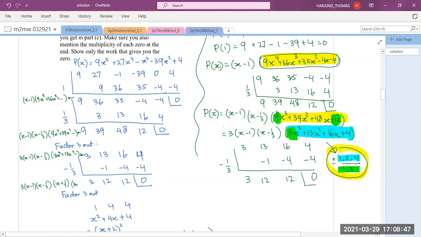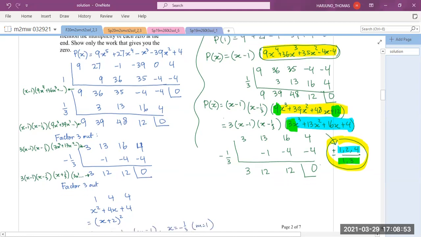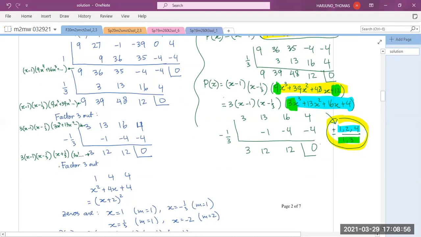Times 3x squared, and so on, from here. When we factor this 3 out, I get 3 times 3 times x minus 1, x minus 1/3, x plus 1/3 times x squared plus 4x plus 4, as you see here.